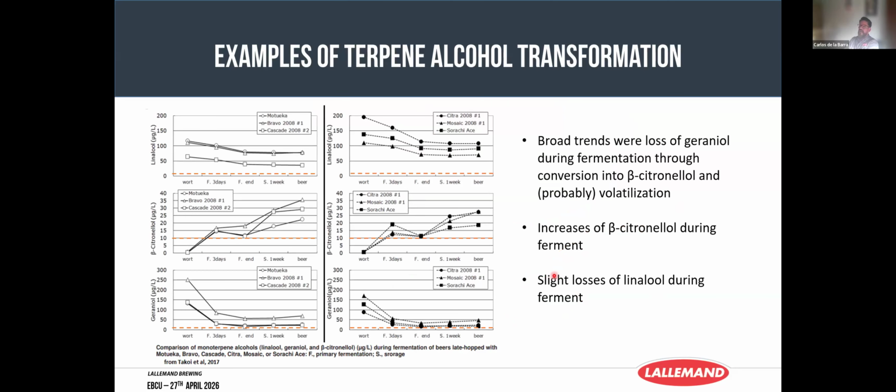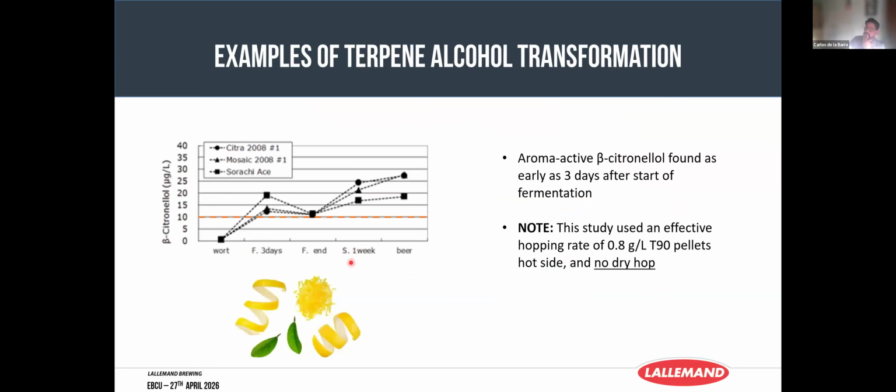What I want to explain here is that this biotransformation can be very determining of how the aromatics of your beer will be, with very little ingredients. In this particular study, the creation of beta-citronellol was measured.